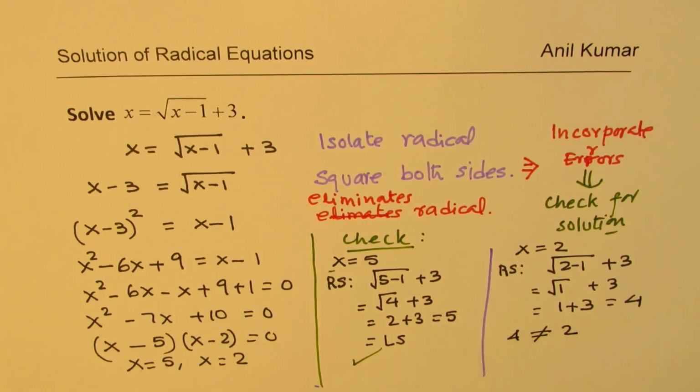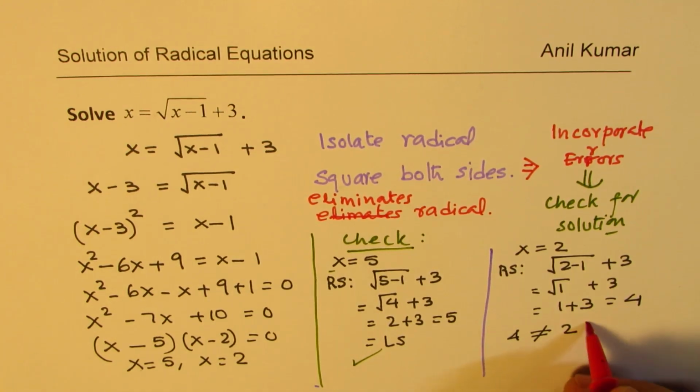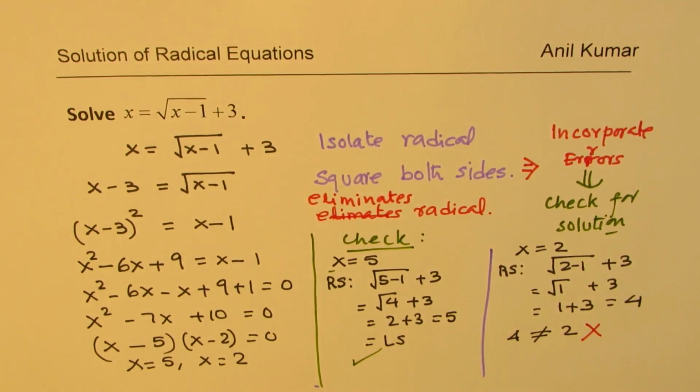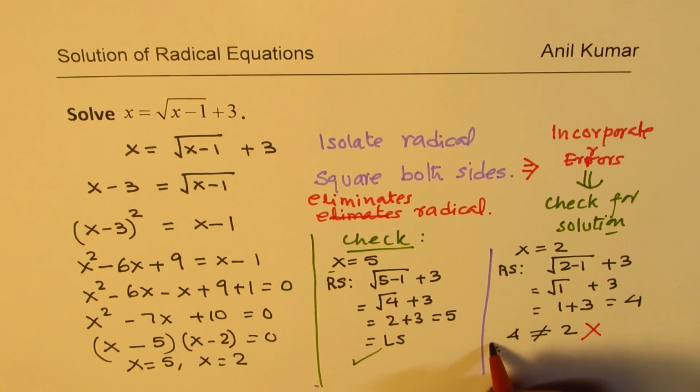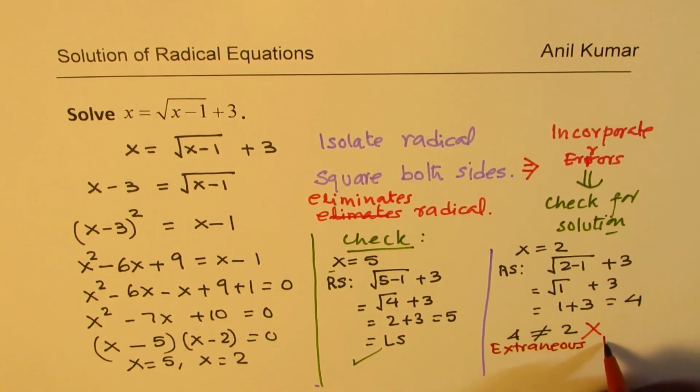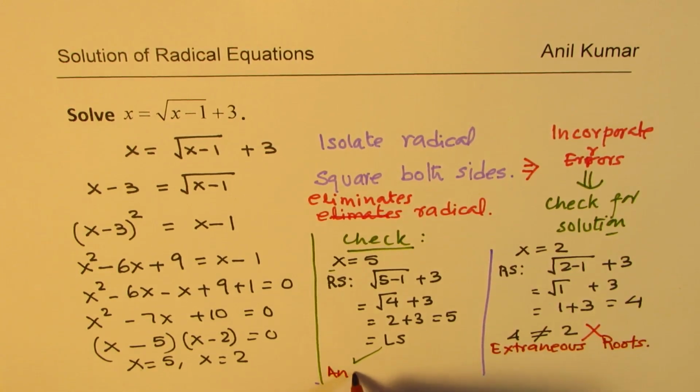So therefore, this solution is incorrect. Such solutions which do not give you the right result are called extraneous roots. So our answer basically will be just x equals to 5, not 2.